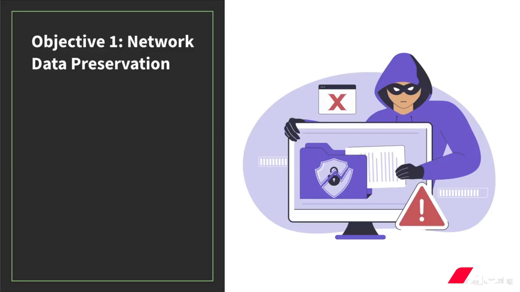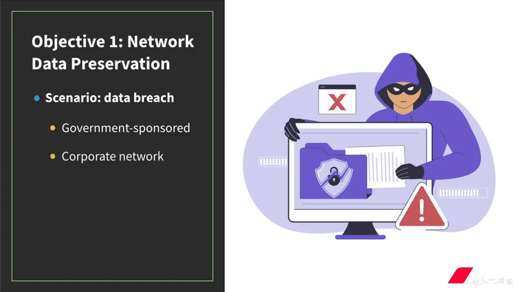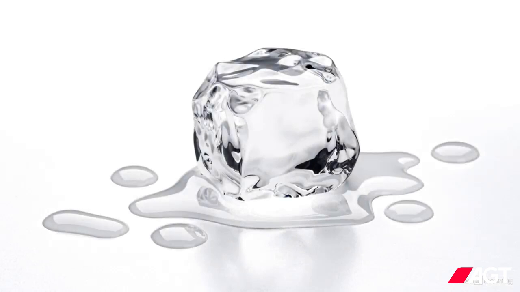Let's say we just had a data breach. A government-sponsored attacker successfully infiltrated a corporate network and stole the personally identifiable information, or PII, of tens of thousands of employees. Network data is transient. Organizations typically don't store their network traffic in its entirety.